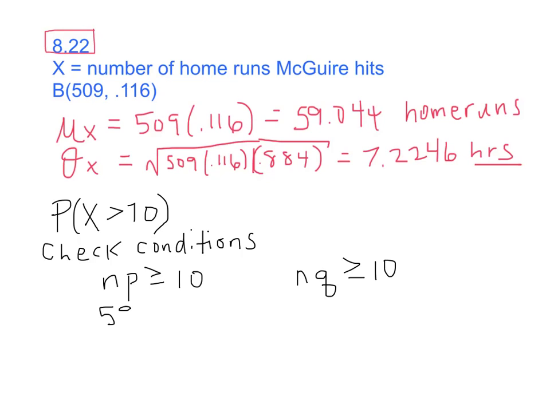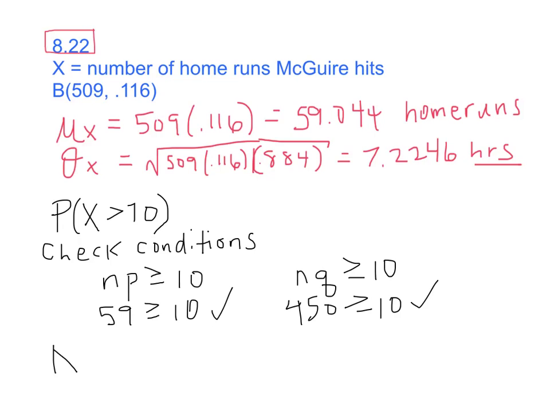That's about 59, our expected value, and so that is in fact greater than or equal to 10. We're good to go. And then if we take n times q, so that would be 509 times 0.844, we will get 450, or something very close to it. It's certainly greater than or equal to 10, so we can go ahead and check off that condition as well.